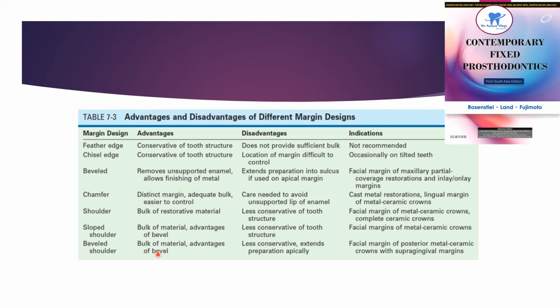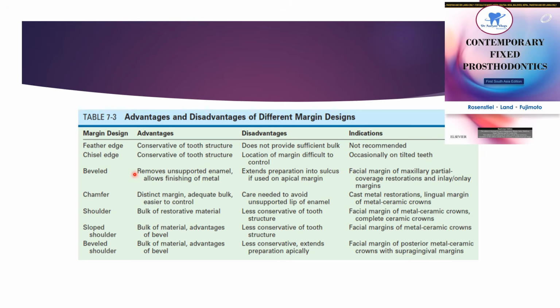And this table shows the various advantages and disadvantages of different margin designs. Feather edge is conservative of tooth structure, but it does not provide sufficient bulk and it is actually not recommended. Chisel edge, conservative of tooth structure, location of margin difficult to control, occasionally on the tilted teeth.